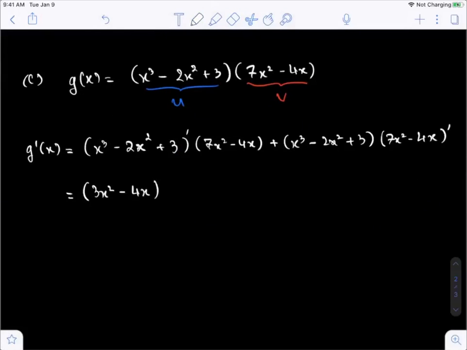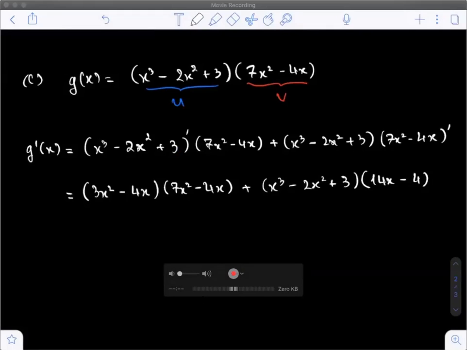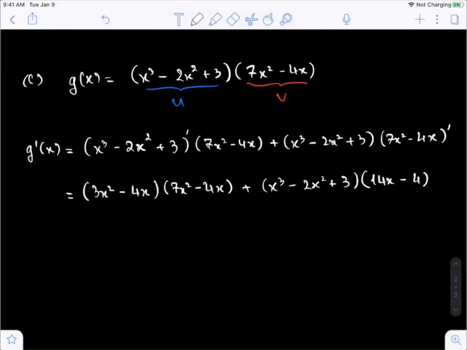And that's it, times 7x squared minus 4x plus x cubed minus 2x squared plus 3. Take the derivative of the second function, which is 14x minus 4. And then that's it for the product rule, isn't it? It's just some more examples.